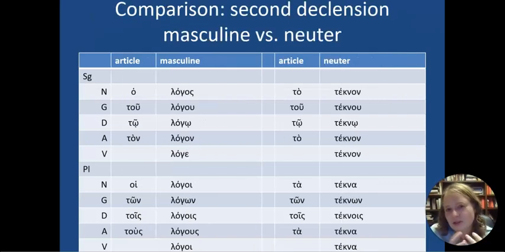So too, we've seen second declension nouns that tend to be either masculine or neuter, like ho logos for masculine and to teknon for neuter. They tend to have these endings. The declension is not 100% a category of gender, but we've mostly seen masculine ones or neuter ones fall into this category.